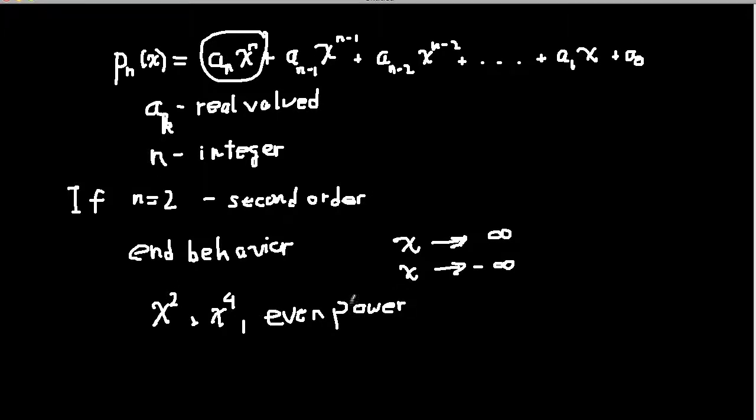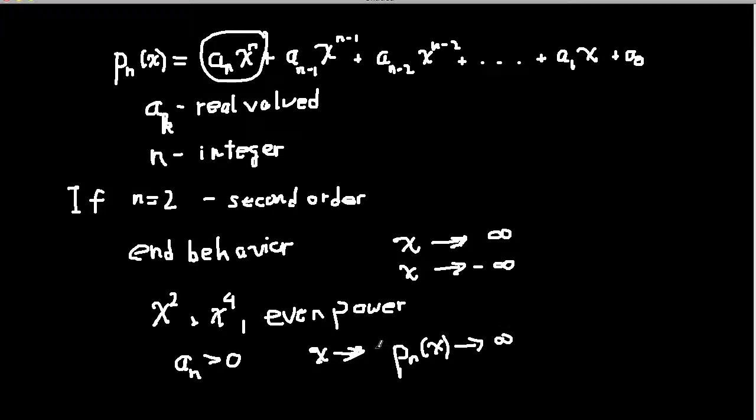then as x goes to infinity, we have, depending on whether a sub n is positive or negative. So if a sub n is positive, then as x goes to infinity, p sub n of x, the polynomial, also goes to infinity.